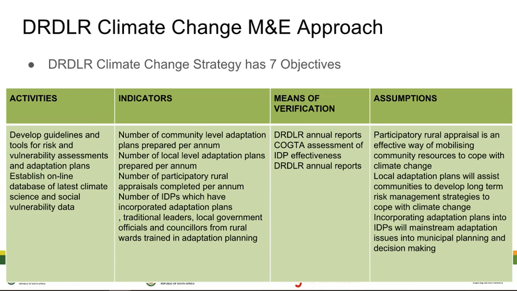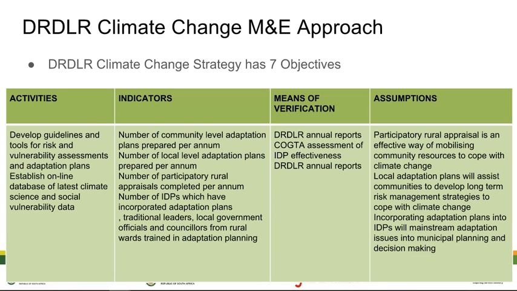Now let's have a look back at what the Climate Change Adaptation Sector Strategy for Rural Human Settlements says about monitoring and evaluation. The strategy includes an M&E framework which describes a set of indicators and activities for each of its 7 objectives.